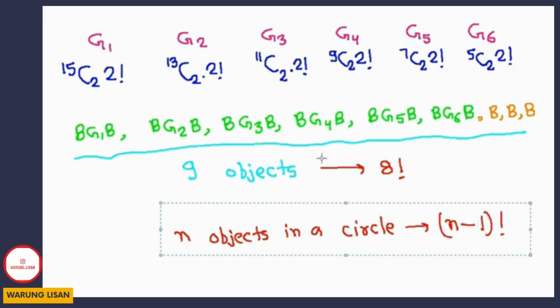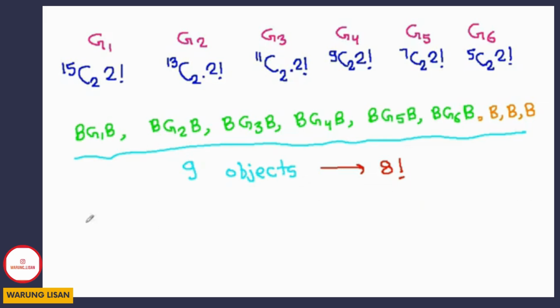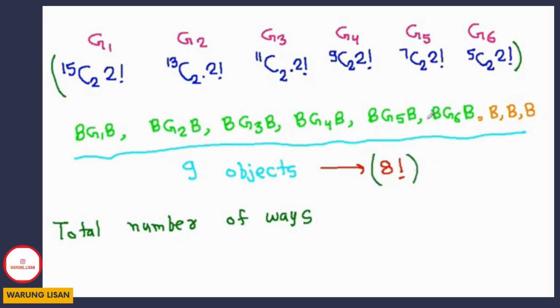So here the total number of ways will be the number of ways we can form these 6 groups into the number of ways we can arrange these 6 groups and these 3 boys, that is 8 factorial.